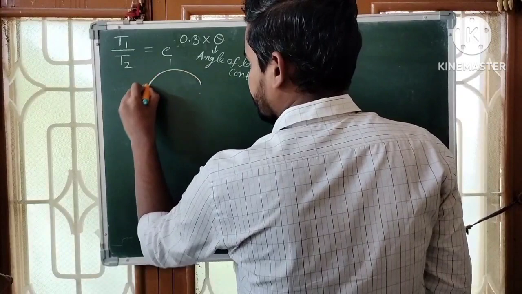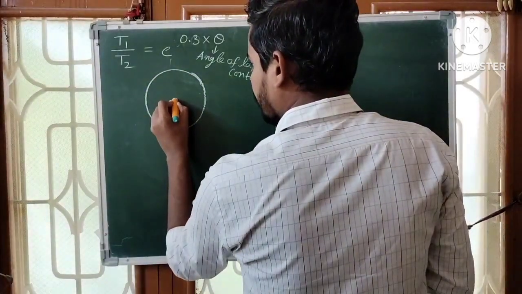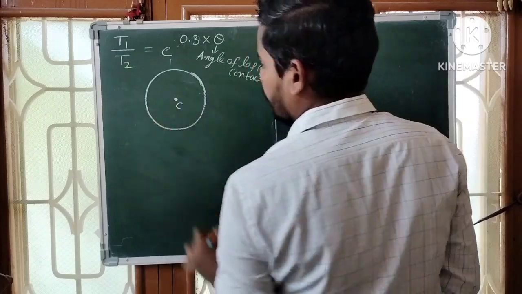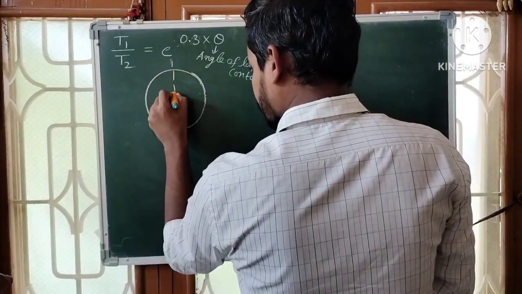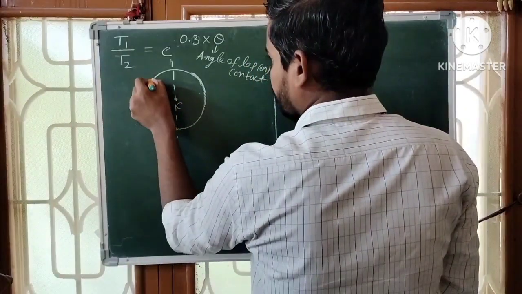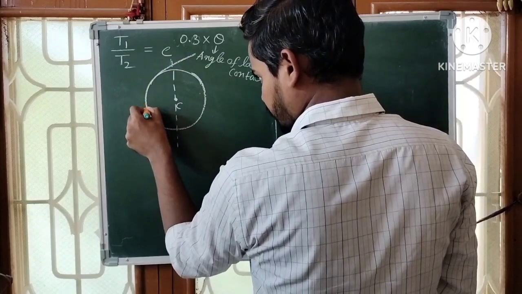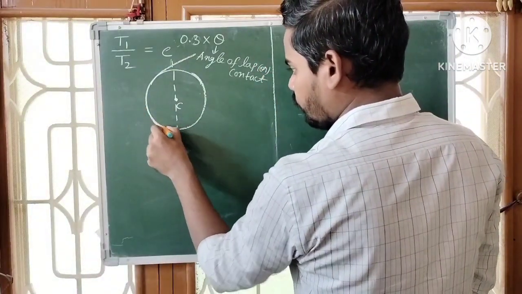So let us consider a pulley, a driven pulley, and here C is the center of the pulley, and this is the belt that wraps around it.